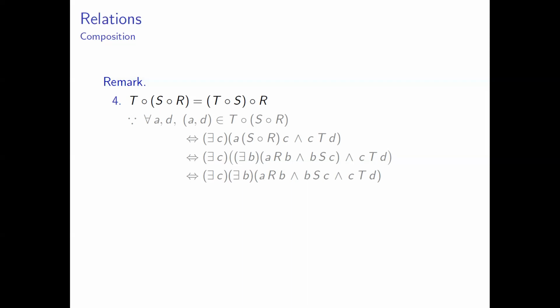Hence, the above is equivalent to the statement for some object c and some object b, a is related to b under R, and b is related to c under S, and c is related to d under T. It can be shown that this is equivalent to the statement there is an object b satisfying the conditions a is related to b under R, and for some object c, b is related to c under S and c is related to d under T. The second statement in the conjunction is equivalent to the condition b is related to d under TS.